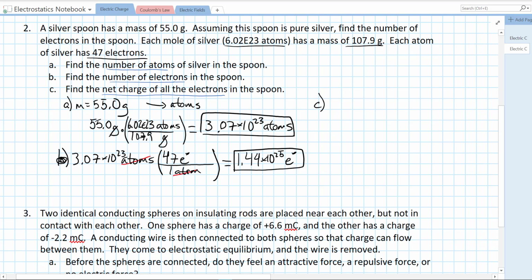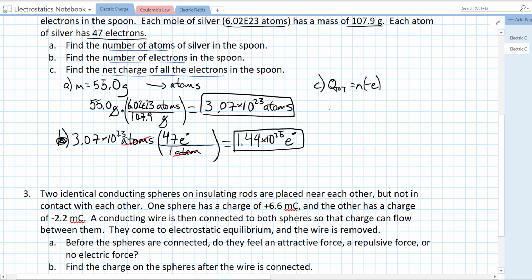Part C is find the charge on all those electrons. Well, we know that total charge is the number of charges times the charge on a single charge, which is just negative e. So Q total is equal to our previous answer, 1.44 times 10 to the 25 electrons, times the charge on an electron, negative 1.60 times 10 to the minus 19 coulombs.